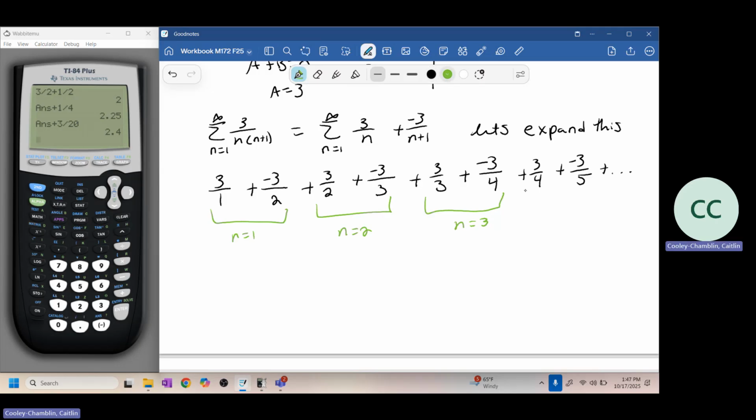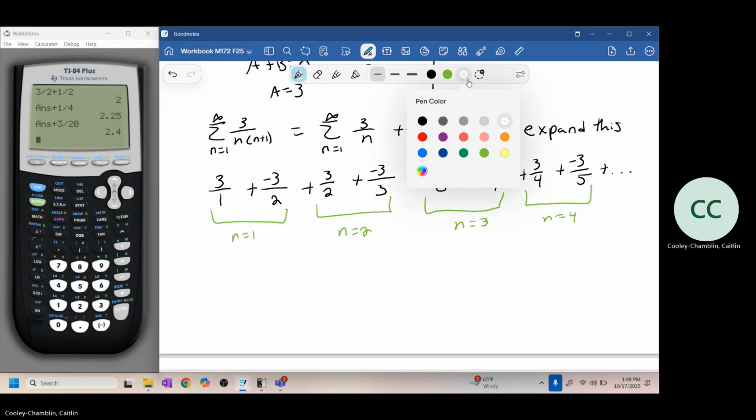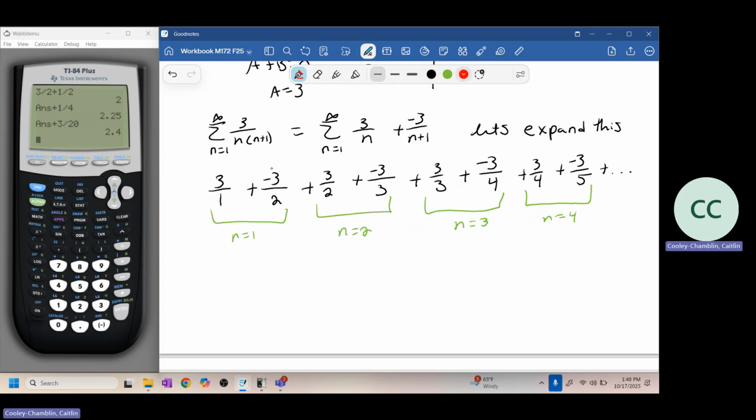And we want to just keep going and doing this an infinite number of times. But notice negative 3 over 2 plus 3 over 2. That cancels out. Negative 3 over 3 plus 3 over 3. That cancels each other out. Negative 3 over 4 plus 3 over 4. That cancels each other out.